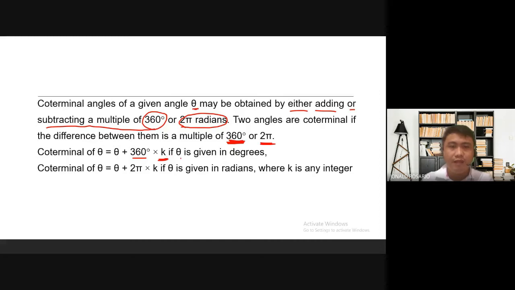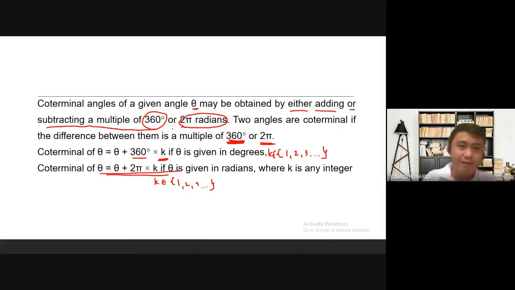Okay? If theta is given in degrees, wherein k is any counting number, start from 1, ito yung k, is an element of 1, 2, 3, and so on. It's counting number. Ibig sabihin lang yan, multiples of 360. Ganon din dito sa 2 pi, wherein k, element of 1, 2, 3, or the counting numbers. Yan. So these are the formulas.